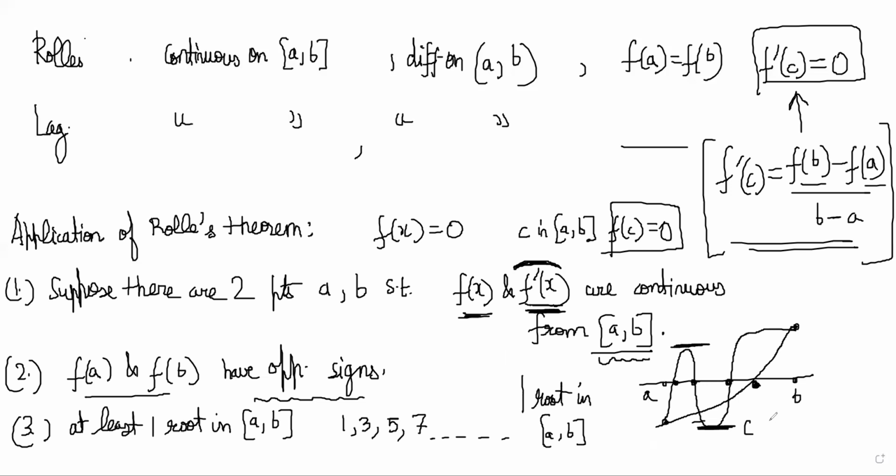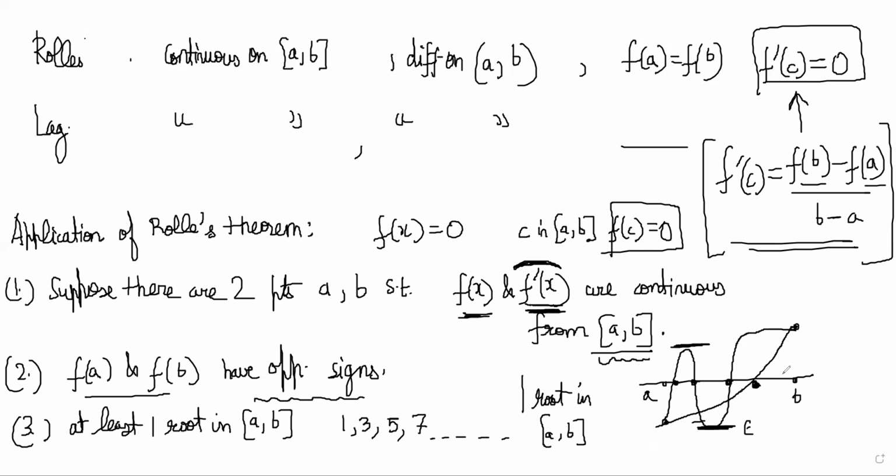So basically, what are the things that you have to keep in mind? There is a function which is continuous from A to B and the derivative is also continuous there. If f(a) and f(b) have opposite signs, then at least one or an odd number of roots must be there between A and B, because it has to cross once or it could cross 3 times also, or more.